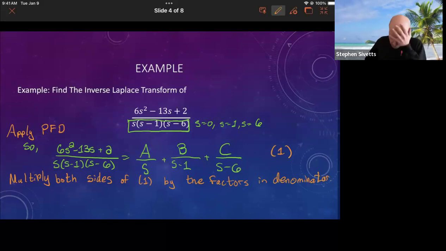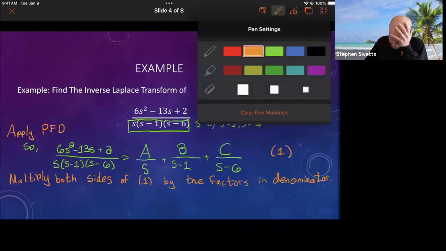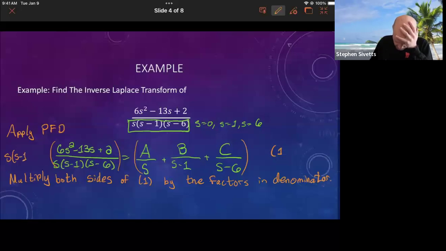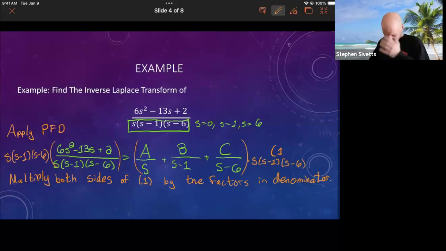Okay, so in this case, we want to multiply both sides by s times s minus 1 times s minus 6.